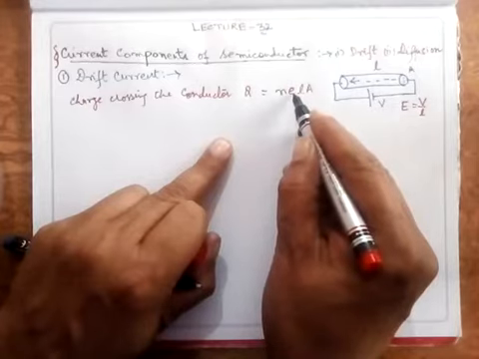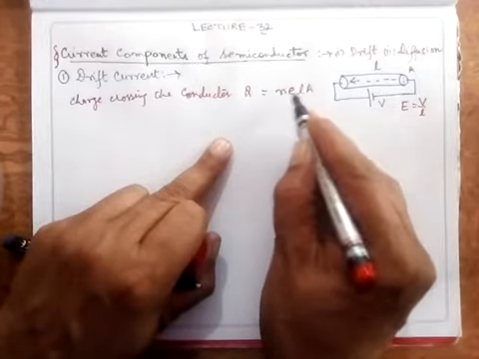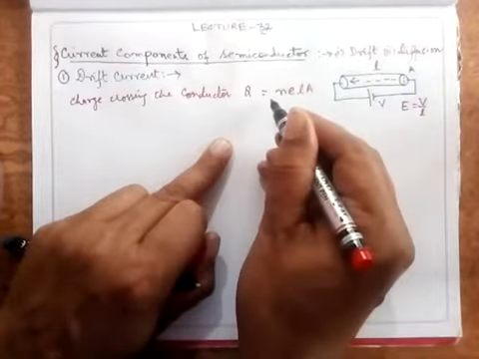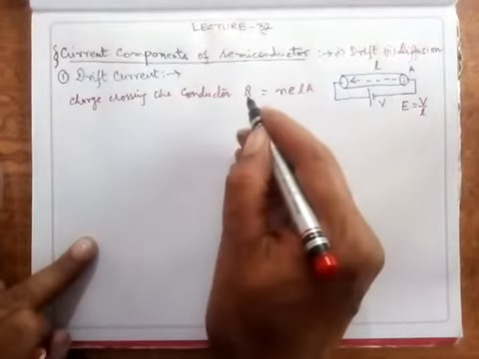E is the charge on one electron. So per unit volume, total charge is this. In this much volume, volume is A into L. So this is the charge flowing.